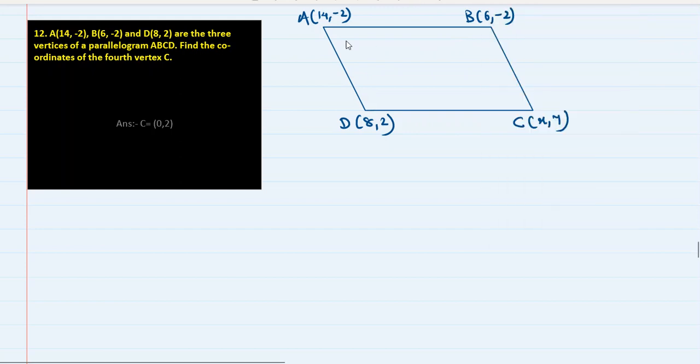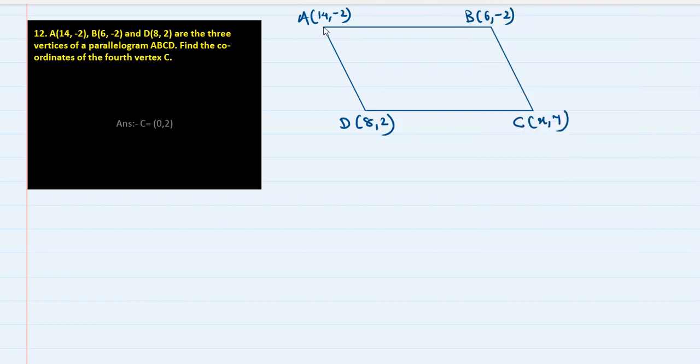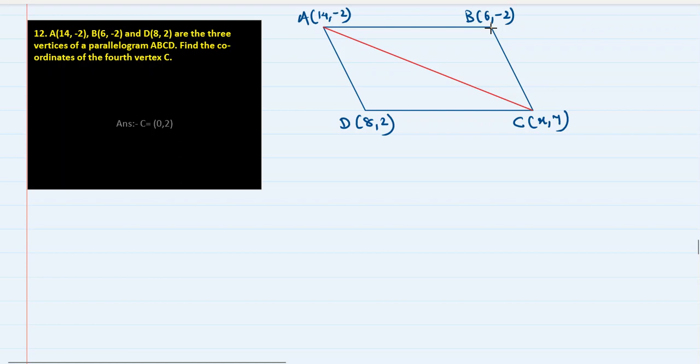The construction we have to do is two diagonals. Let's make two diagonals. One diagonal and the other diagonal.